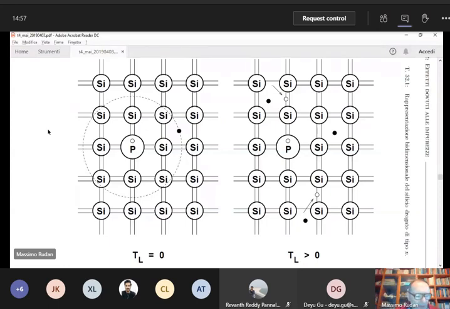And we already have pointed out that there are two different types of dopants. One is of N-type, and it is based on chemical species that belong to the fifth column of the periodic table of elements.